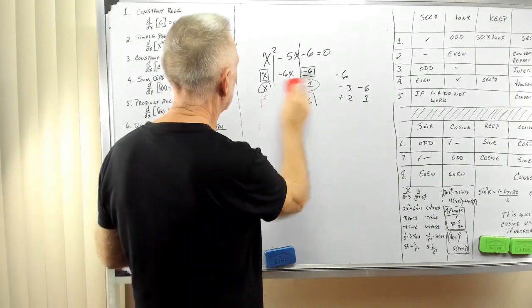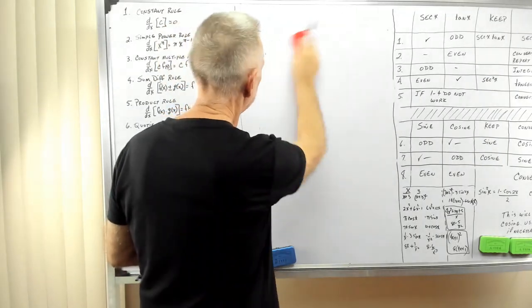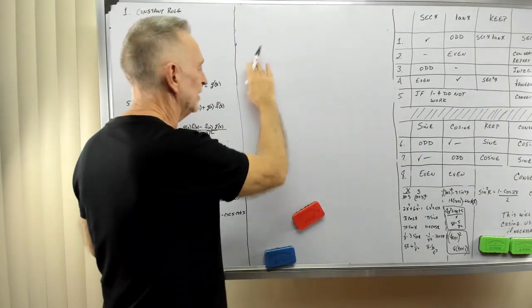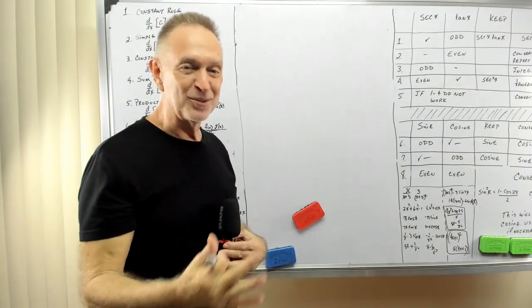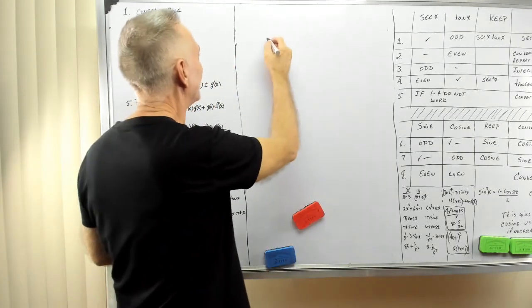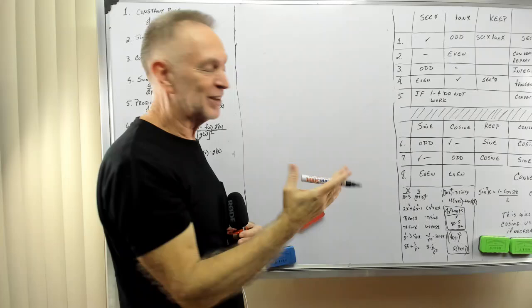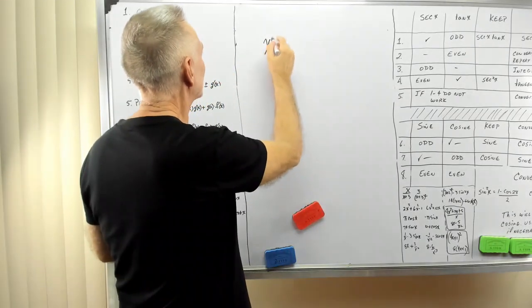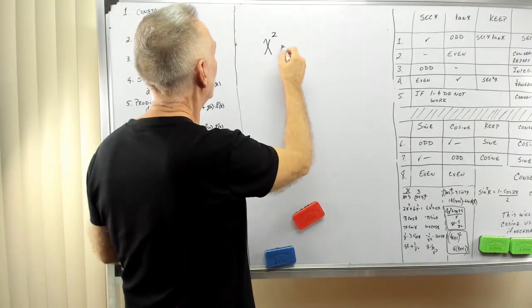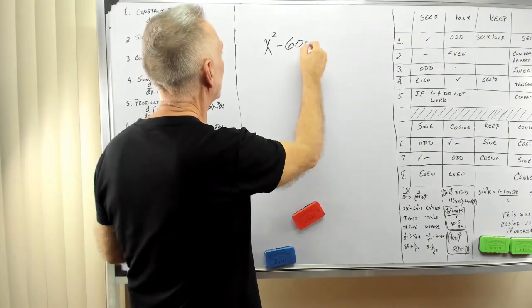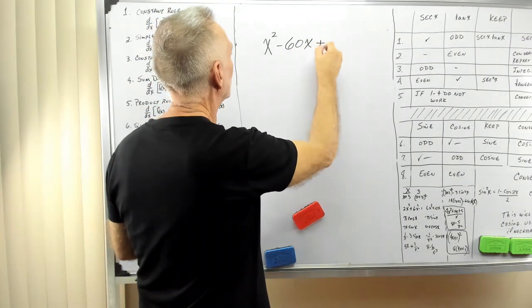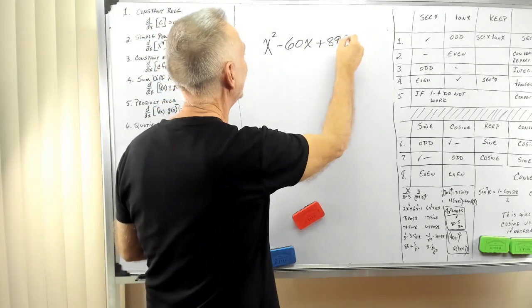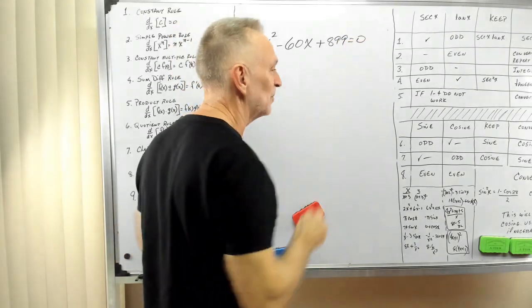But outside of that, what if you had, and this was the equation that he used. This was so cool. All right, you can tell I'm excited. X squared minus 60x plus 899 equals 0.